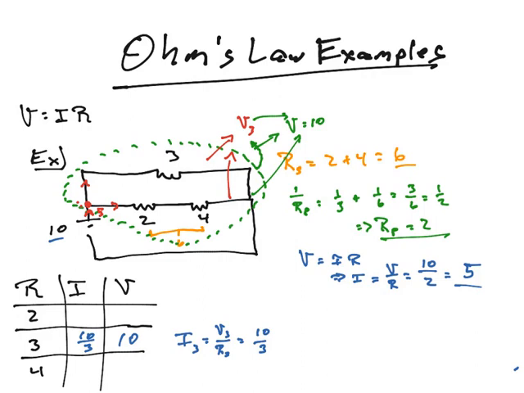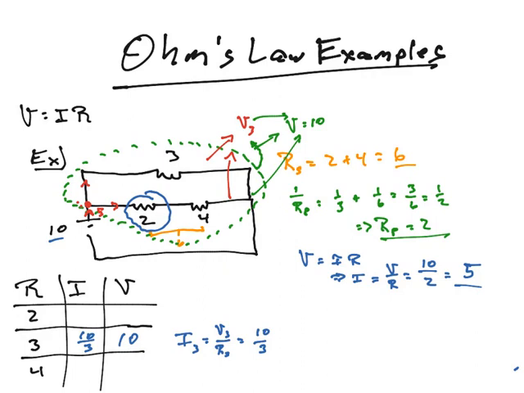Well, in order to figure out how much voltage is dropped by this 2 ohm resistor, I need to know how much current hits that resistor. Because V equals IR. If I already know R, I could get V. Do I know I that hits the 2? Well, not directly.